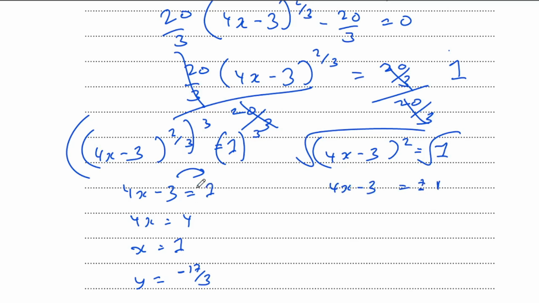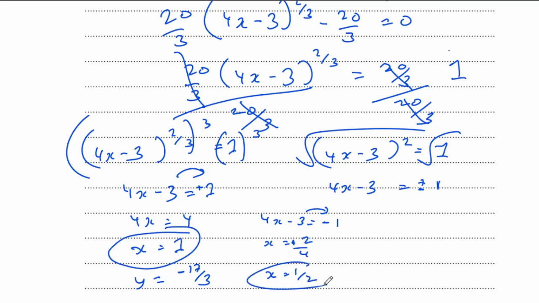And so 4x minus 3 equals plus 1, which will give us x equals 1, and 4x minus 3 equals negative 1, which would give us x equals negative 2 over 4, sorry, positive 2 over 4, which is just x equals a half. So your two x coordinates are x equals 1 and x equals a half.